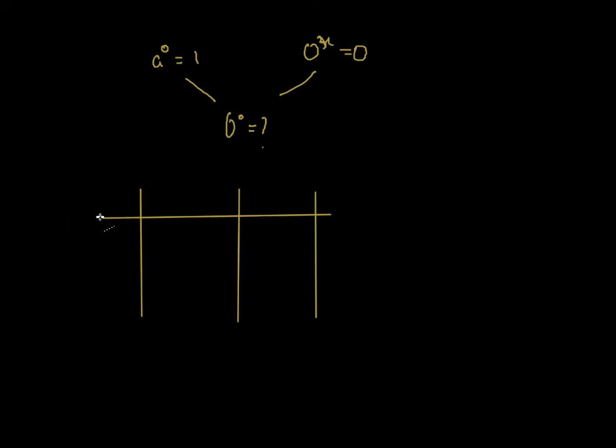Let's say I have a function which is x raised to x, and if you are curious to know what the function looks like, it is somewhat like this. This is not to scale, but it is not definable at x equals 0. So it has a range of all real numbers except 0.